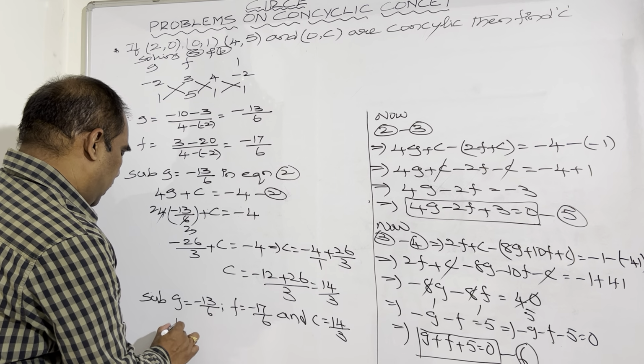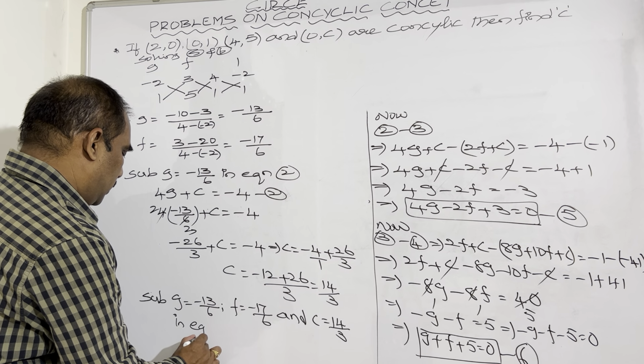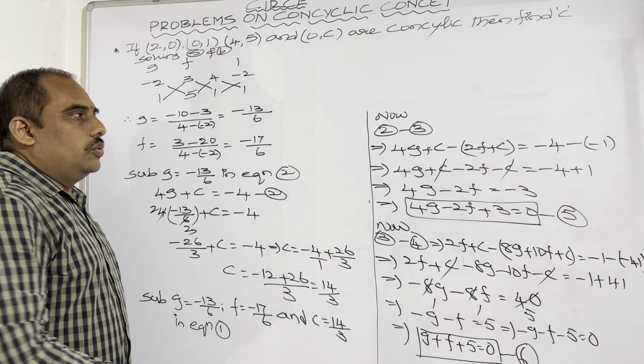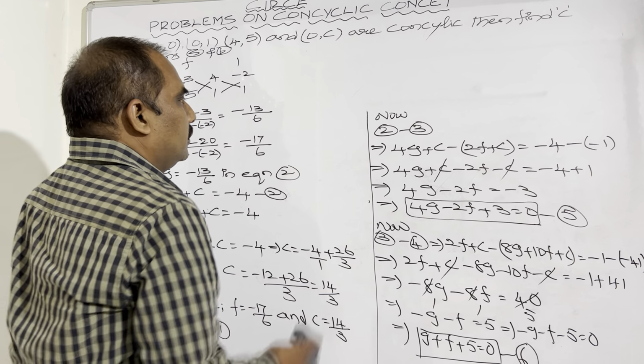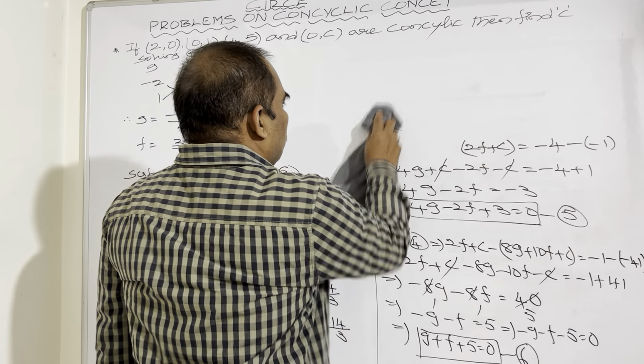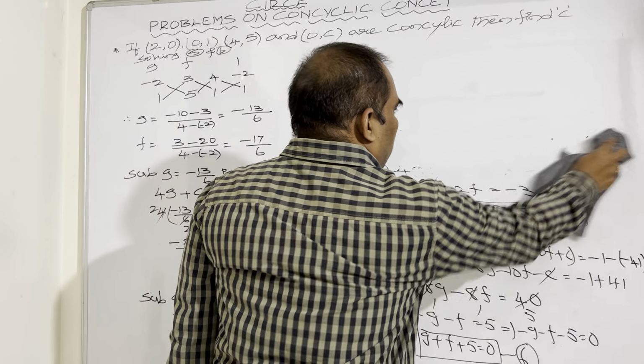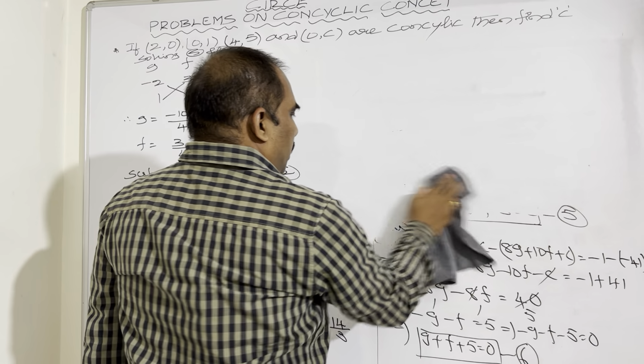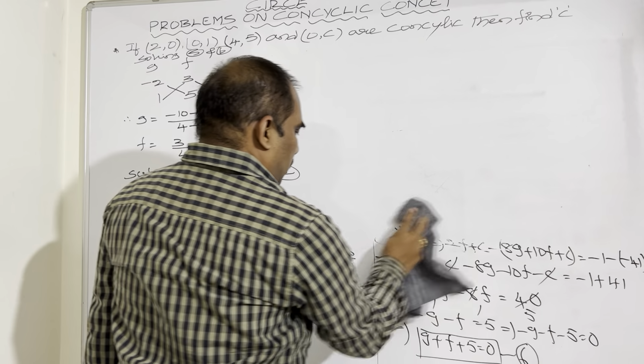Substitute in equation 1. So what is equation 1? We have equation 1: x square plus y square plus 2gx plus 2fy plus c is equal to 0. Already we assumed the equation.